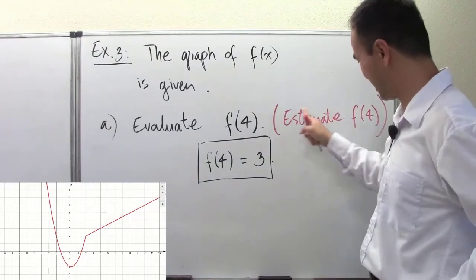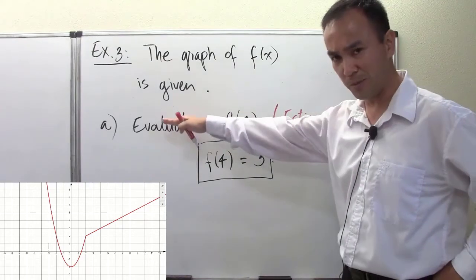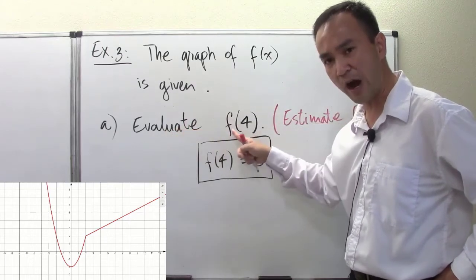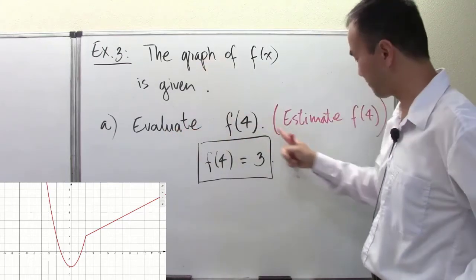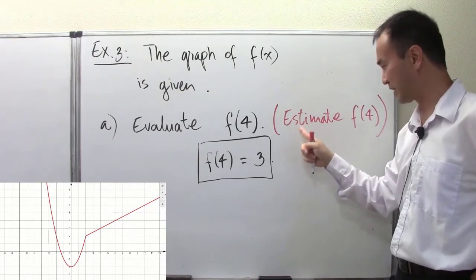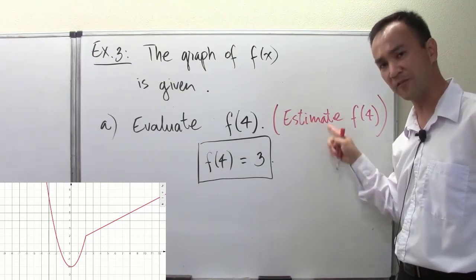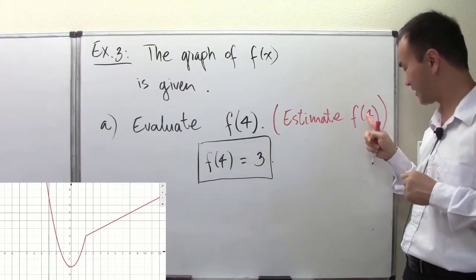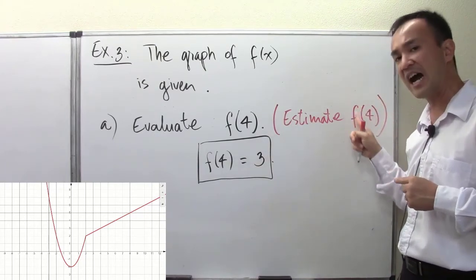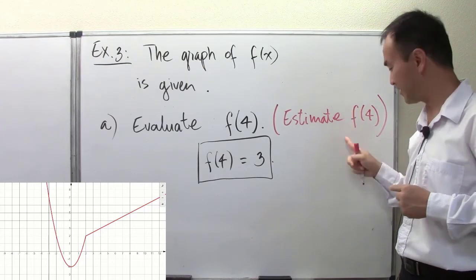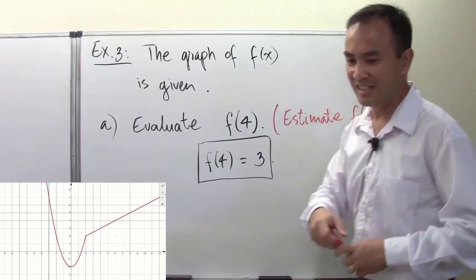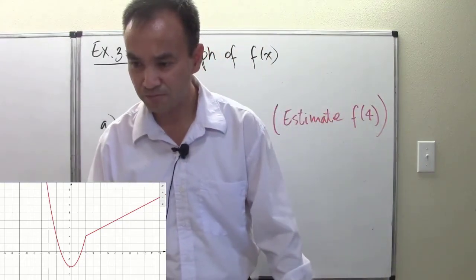So more precisely, when it comes to evaluating a function output value from a given graph, we are estimating the value from the graph. When x is about 4, the height is about 3. I also need to mention another property.